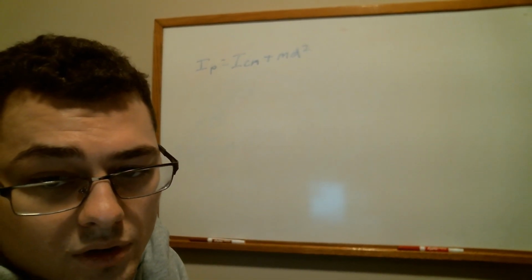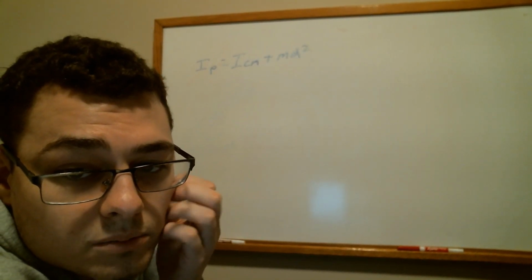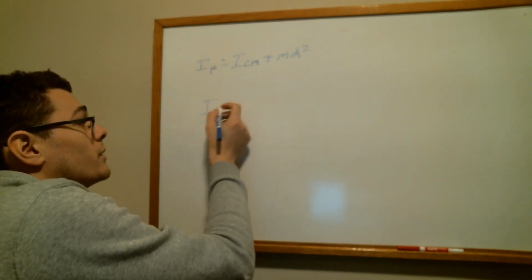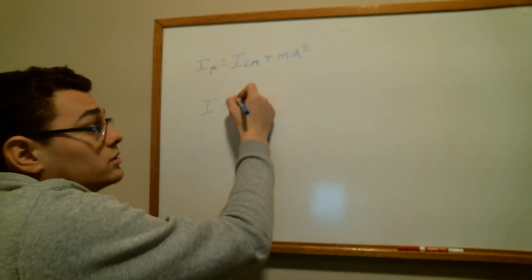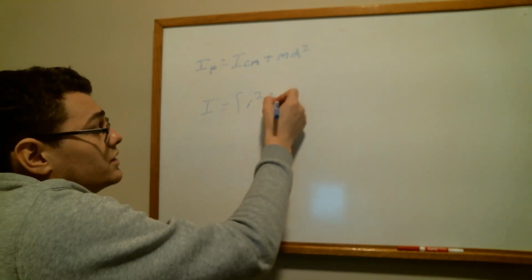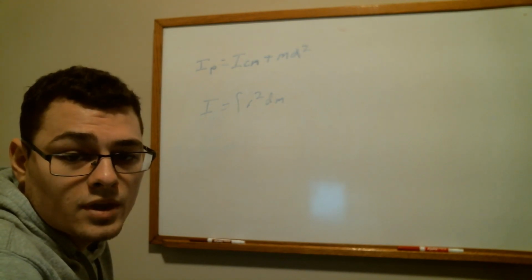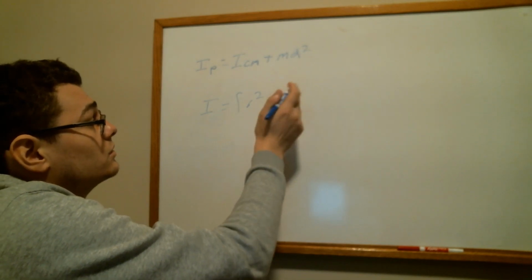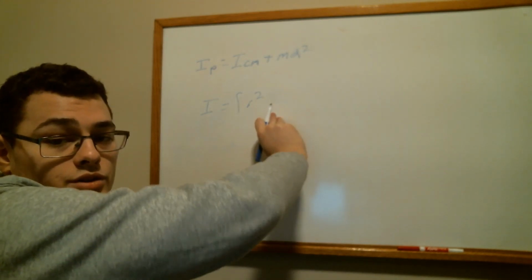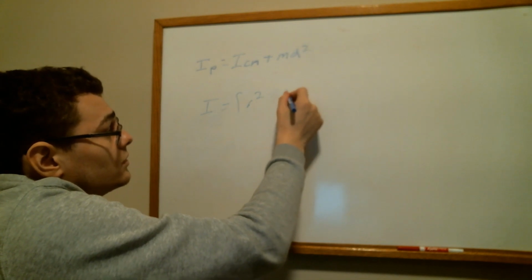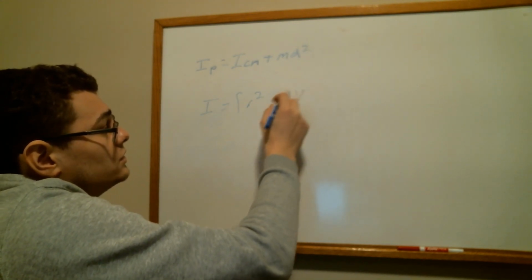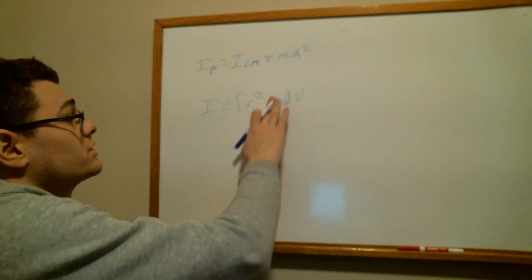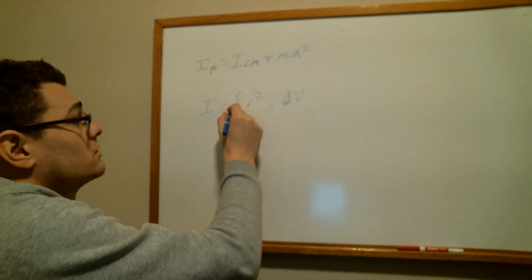But for different moments of inertia calculations, remember we said that I is equal to the integral of r squared dm, and that dm is going to be equal in this case to the differential of the volume times the density. The density gets factored out pretty easily, so we just pull that out of the equation.